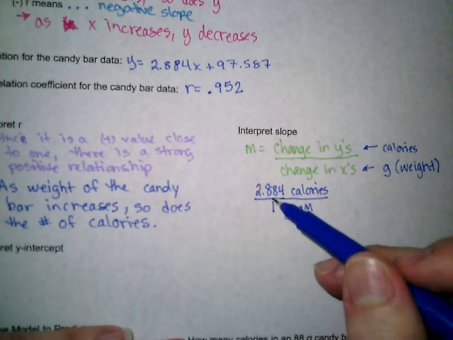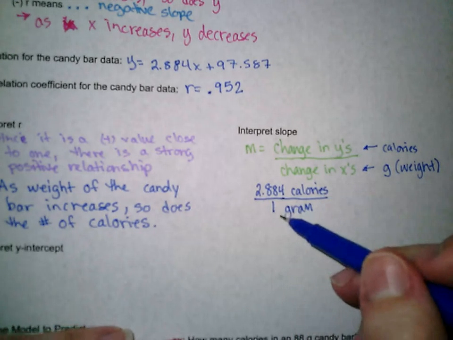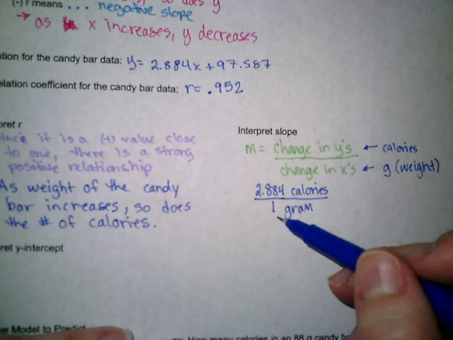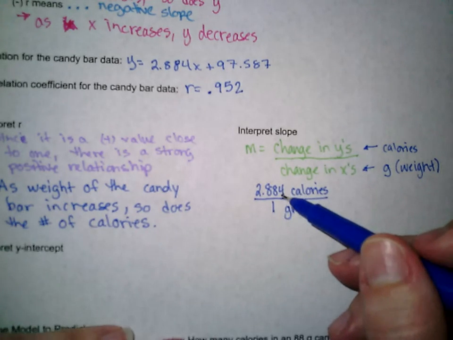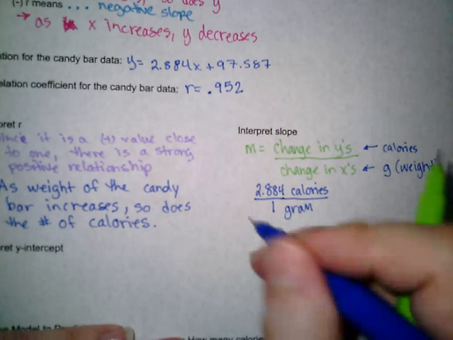So that means for every 1 gram of change in weight of the candy bar, the total calories increases by 2.884.